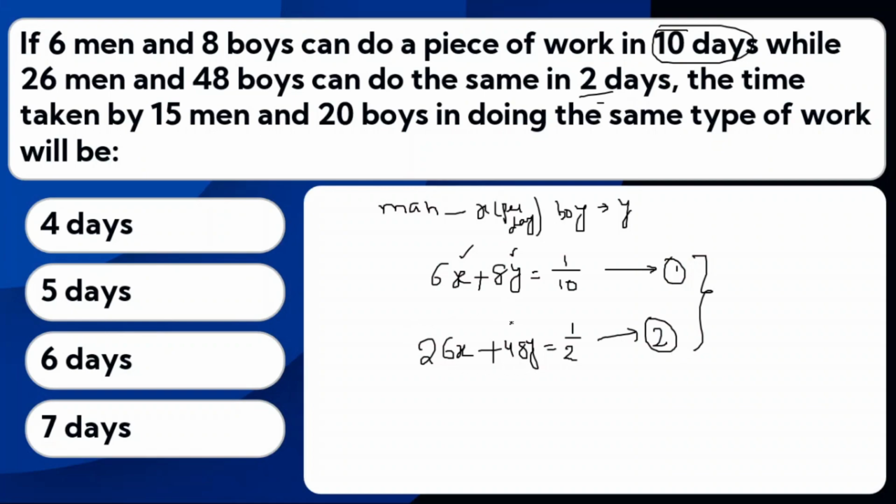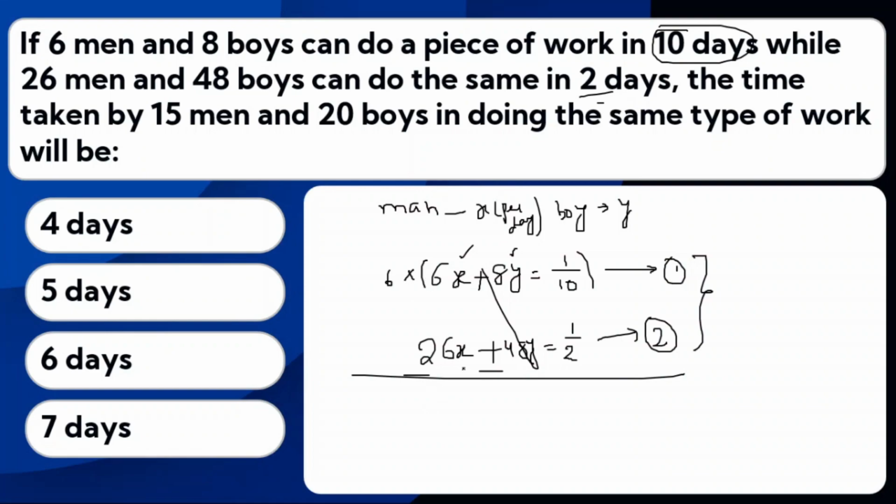Just look at it, y is the common variable. We can't convert 6 into 26, right? So you can convert 8 into 48 by simply multiplying with 6. Multiply the first equation with 6, you will get 36x plus 48y equal to 6 by 10. So simply subtract these two equations, 48y gets cancelled.